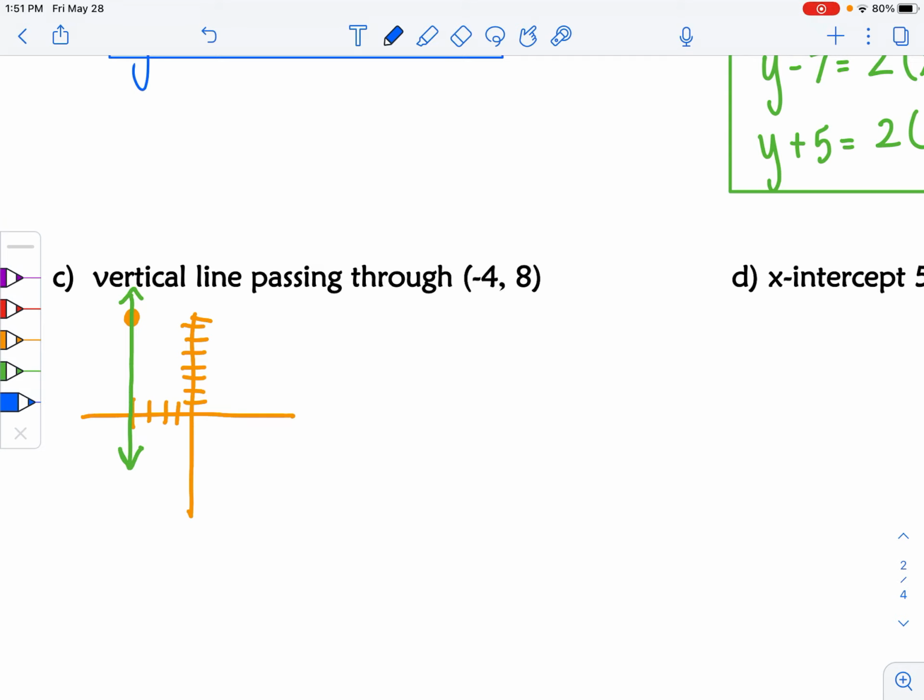Think about your person on your bike. They're undefined of their future, which means undefined slope. Don't worry about it. Ignore it. The slope's not written. All I know is that every point on this line has an x value of -4. That's all I know, and that's all you can write.